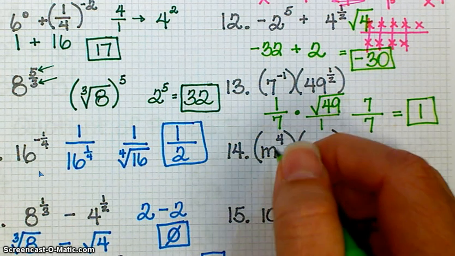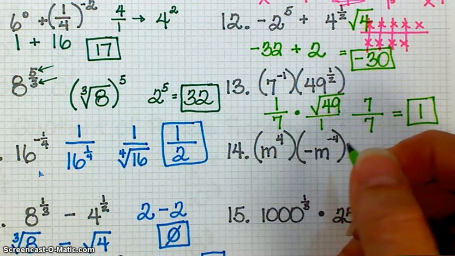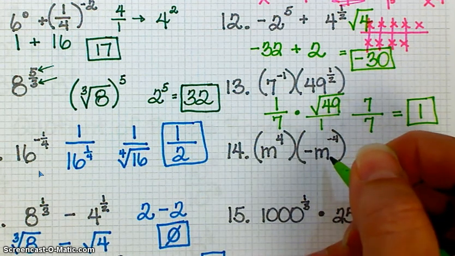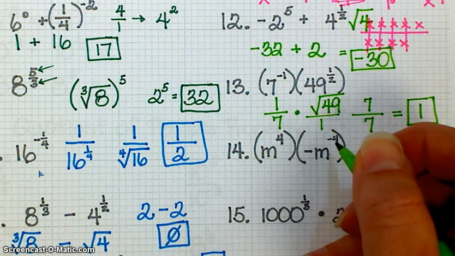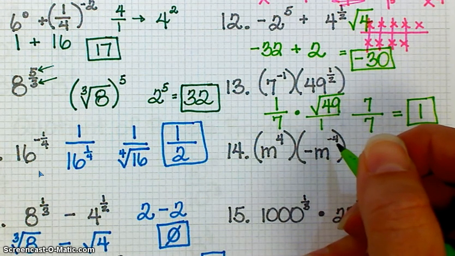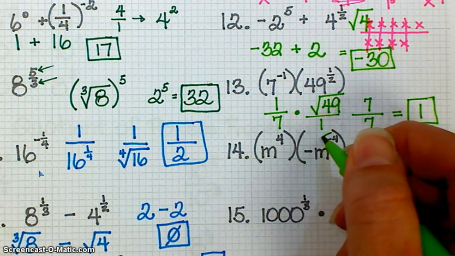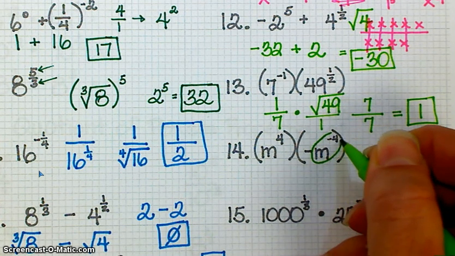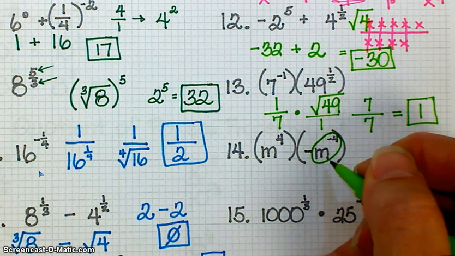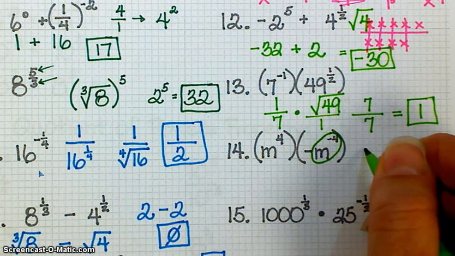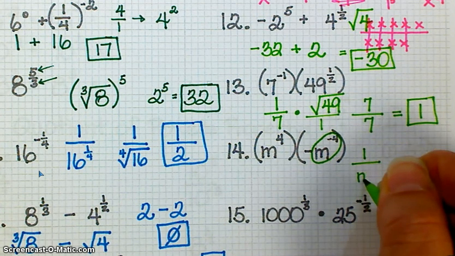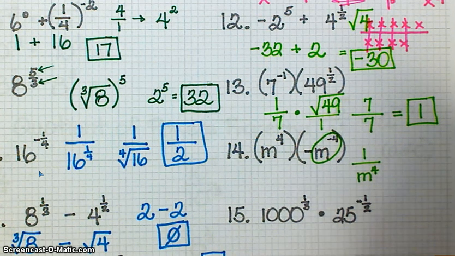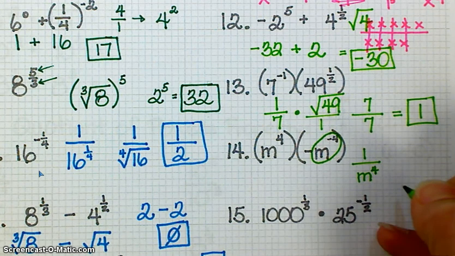Okay, next one, m to the 4th, and then negative m to the negative 4th. Well, this is inside in here. So this is m to the negative 4, which is 1 over m to the 4th, and the negative of that.